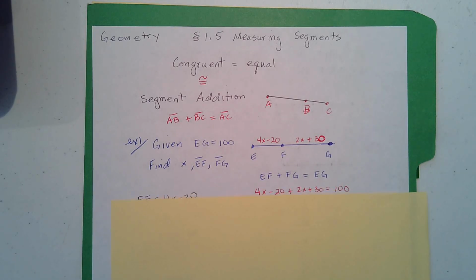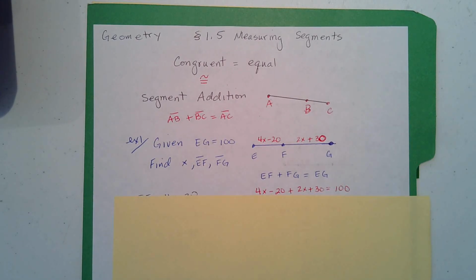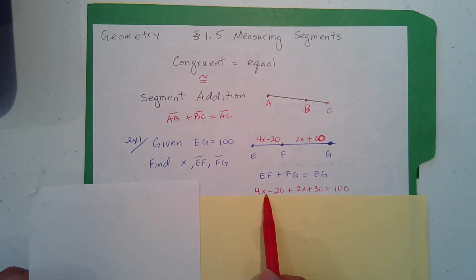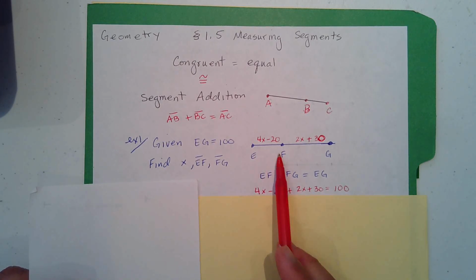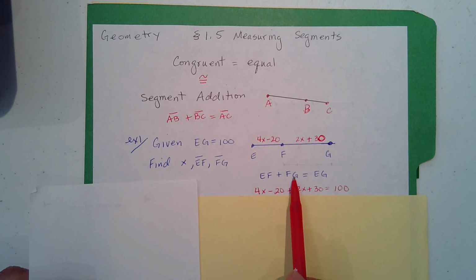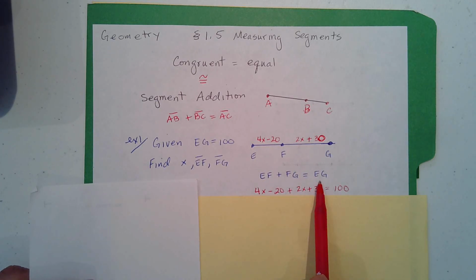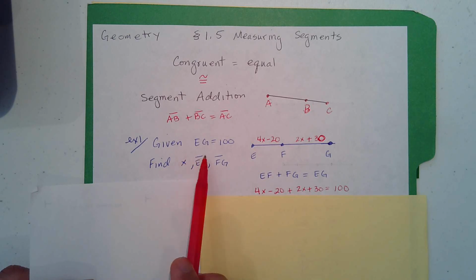So when we substitute, we have the equation 4x minus 20 plus 2x plus 30 equals EG, and they said EG at the beginning was 100.